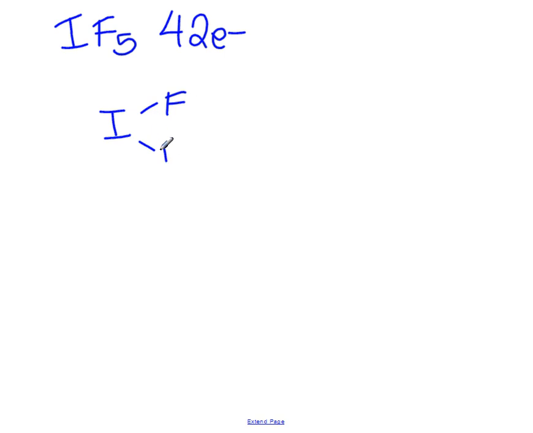All right, IF5. If you're ready to check, here we go. IF5, if we count up the valence electrons, there should be 42 of them. So, iodine in the center, put my fluorines around, and then I'm going to put my electrons on.